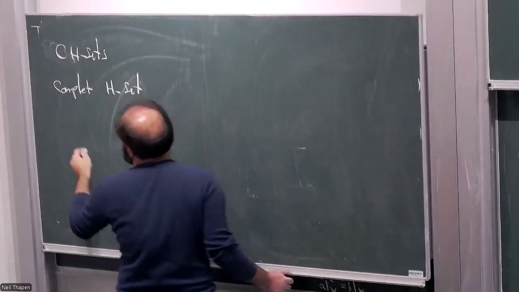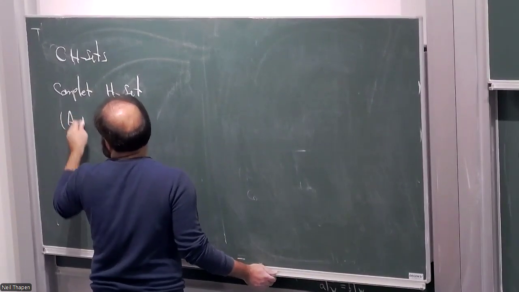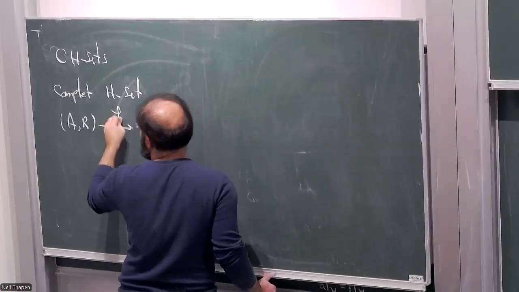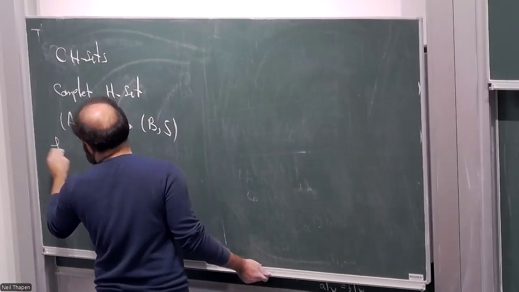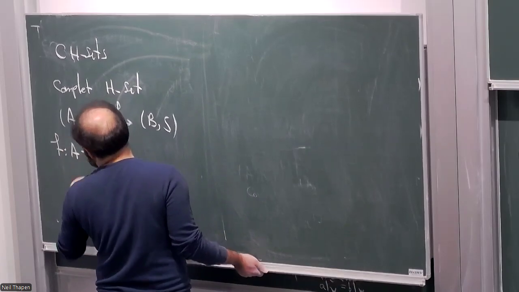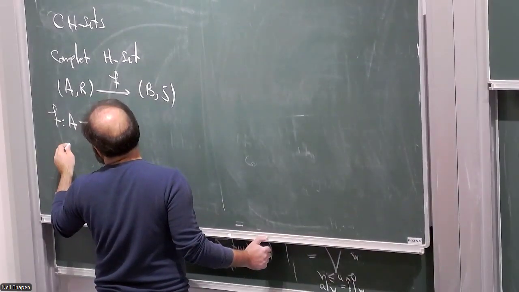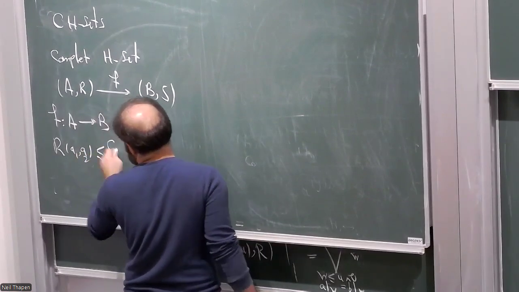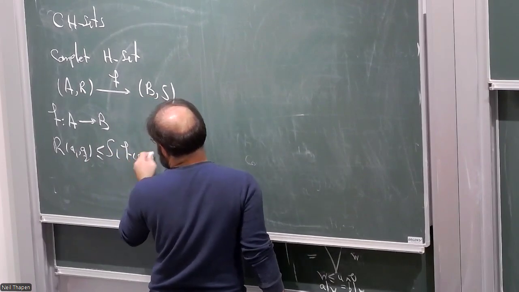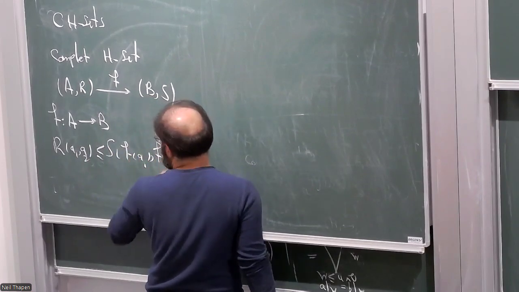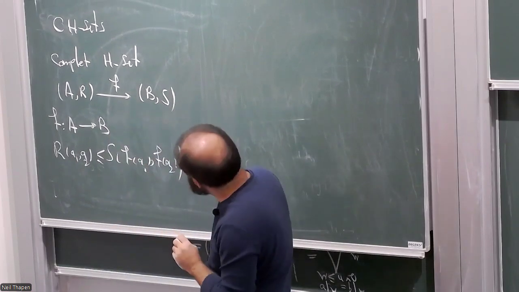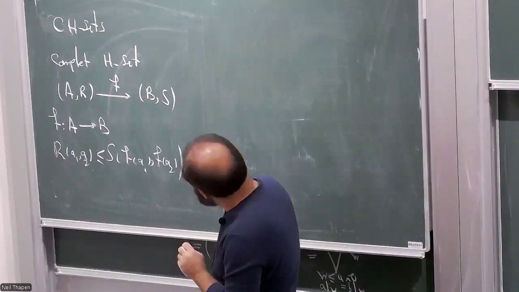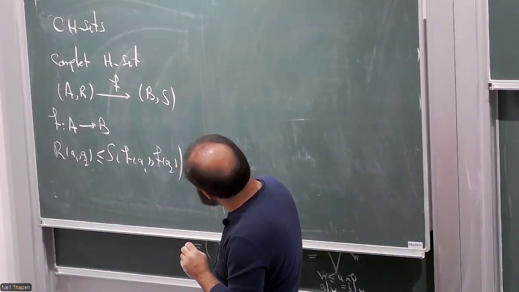So they are really the functions. If you have AR, a map from AR to BS is just a map from A to B such that it respects the R. I guess we also need something else to add, probably, that I don't remember.